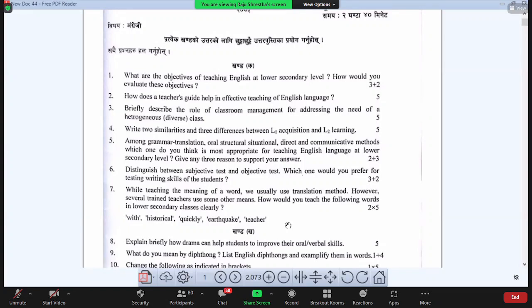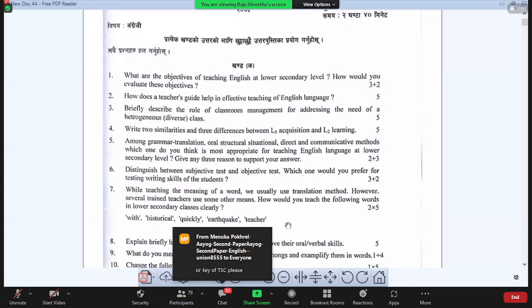Generally we use the translation method. For example, leaf means path, like this. We use it, and our students are also habituated to learning in the same way.